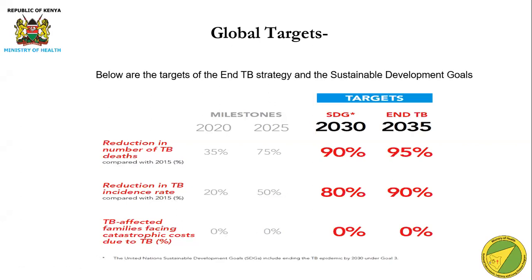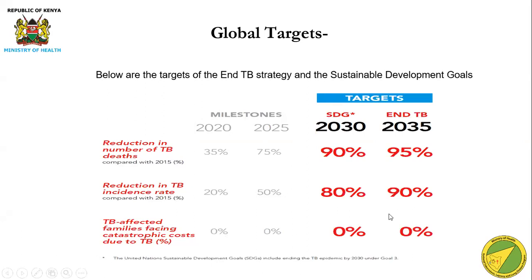The third indicator is TB-affected families facing catastrophic cost due to TB. This needs to be reduced to zero. They are not supposed to face any catastrophic cost in accessing TB care. So cost should not be a barrier to access to TB care.